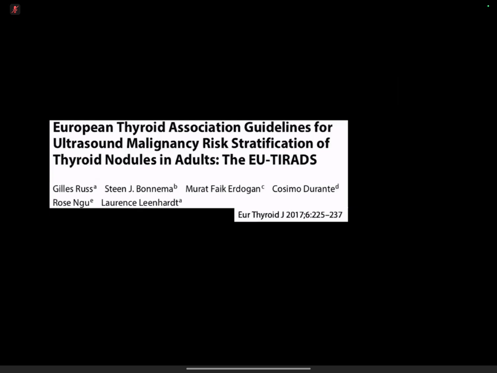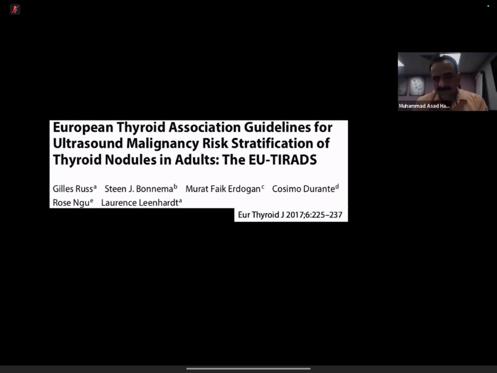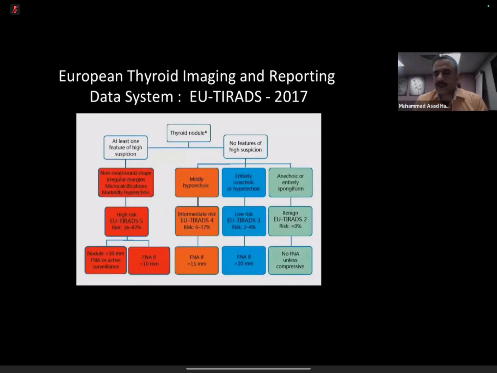With regards to the same, there's a further publication which came in 2017 by the European Thyroid Association called EU-TIRADS, the thyroid imaging and reporting data system. They have used similar characteristics as published by the British Society, but they have also included the size of the nodules in addition to all the features.